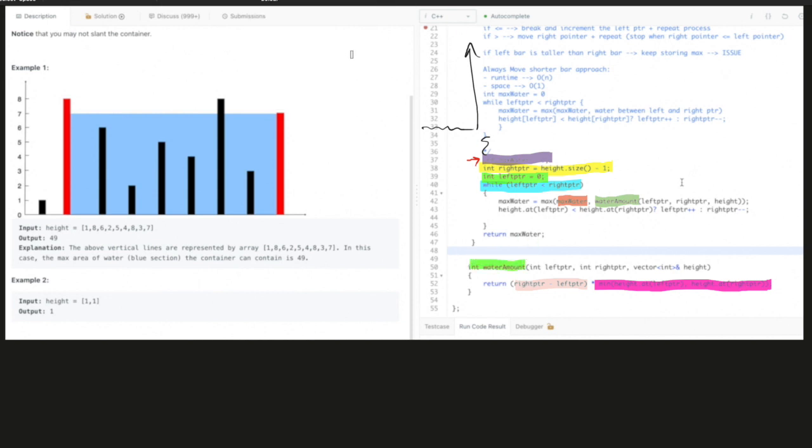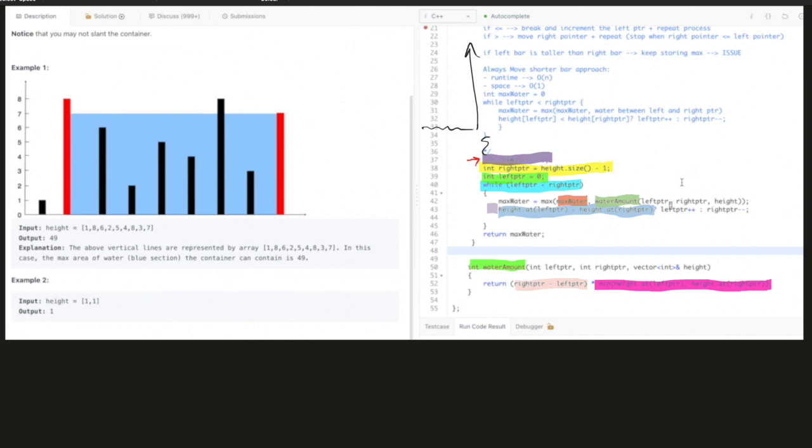Going back to the while loop, we have height at left pointer. So we have a ternary over here. A ternary statement is just basically an if statement. And if this condition, so if the height at the left pointer is less than the height at the right pointer, we'll just increment the left pointer.